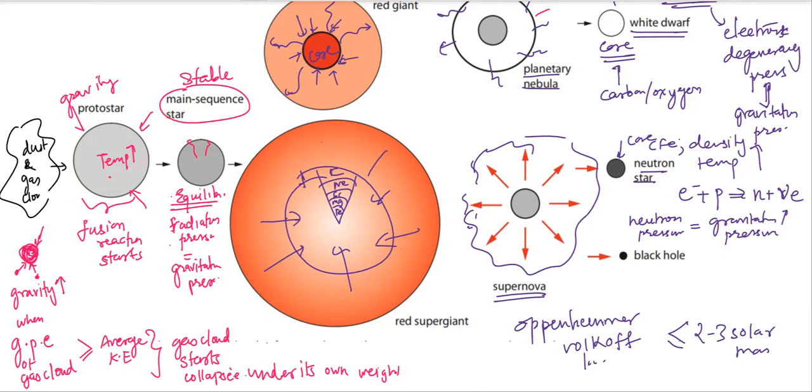If the mass of the core is less than 2 to 3 solar masses, then it is a neutron star. But if it is greater than 2 to 3 solar masses, this is the mass of a core, remember, not the mass of a star, the mass of the core, then it will turn into a black hole, where even the neutrons can't prevent the gravity from rushing further. This is how a black hole is formed.